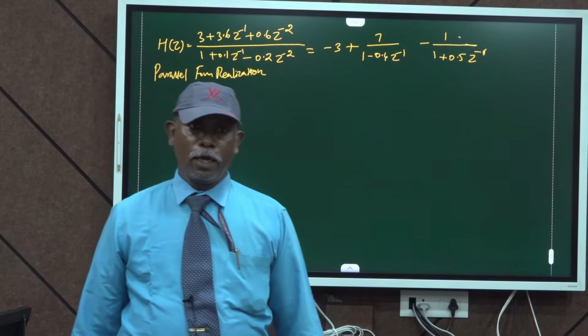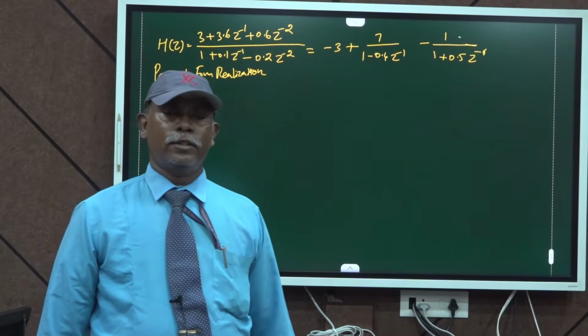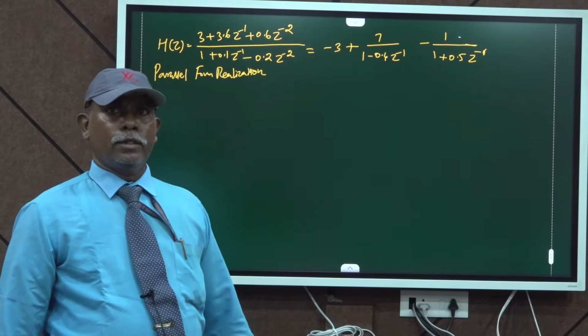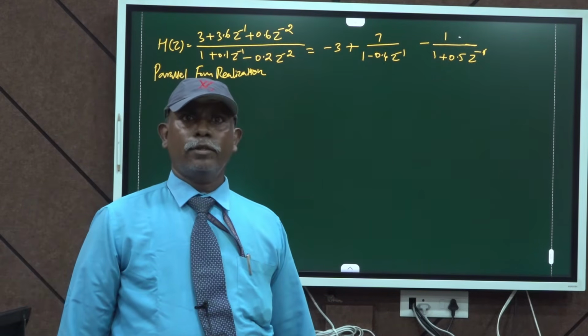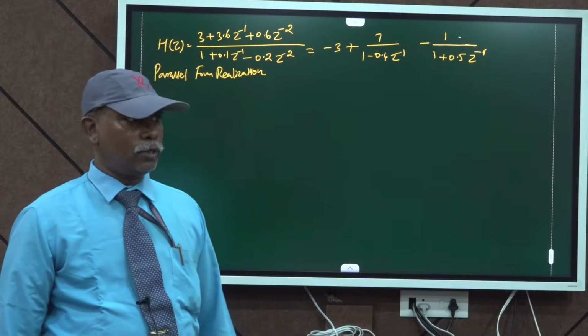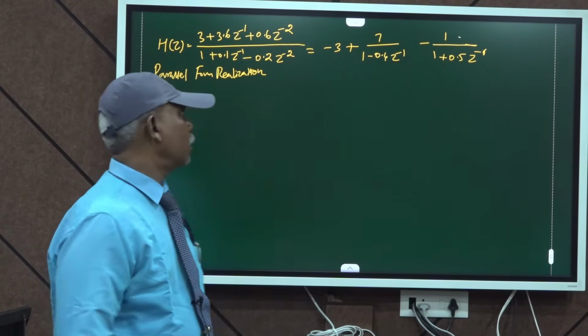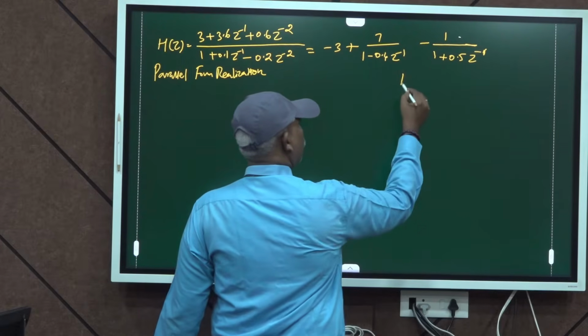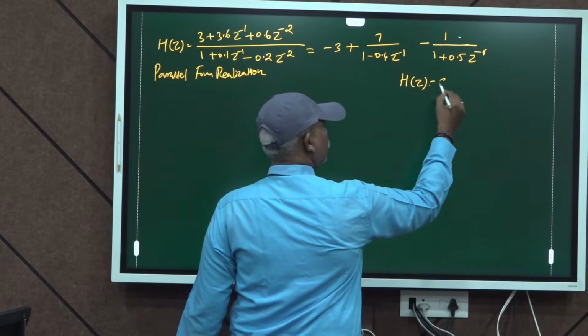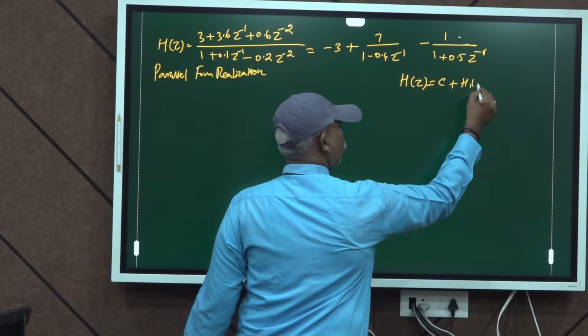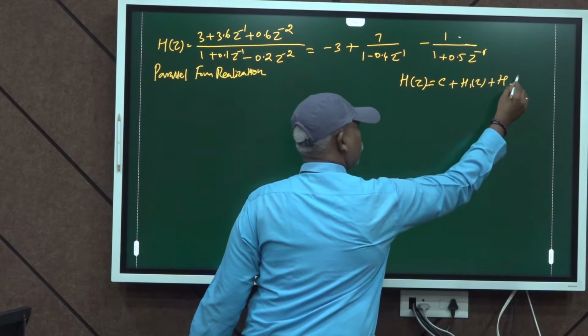So dear students, the last method is the parallel form realization. Parallel form means the filters are realized by fixing the transfer function as H1 of z plus H2 of z. So H of z can be represented as c plus H1 of z plus H2 of z.